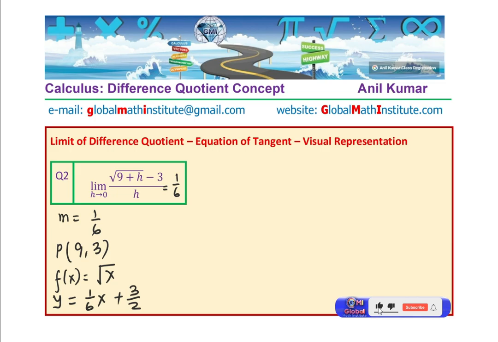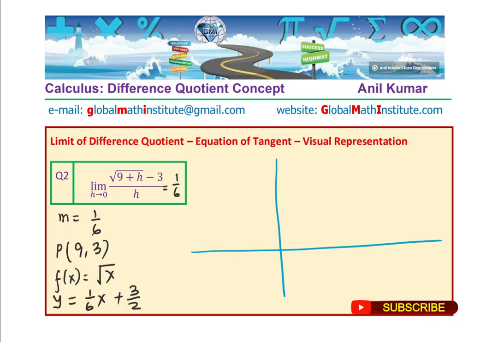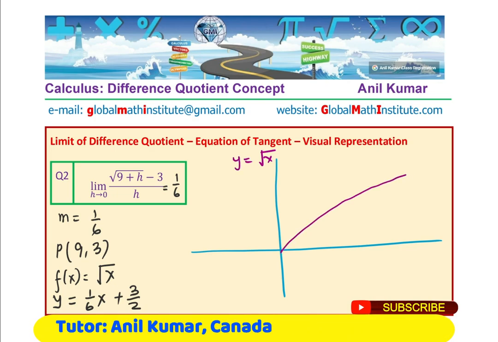So let's try to sketch and understand this situation. The function is the square root of x. At the point of interest, we have our tangent, so let me just sketch a tangent here.